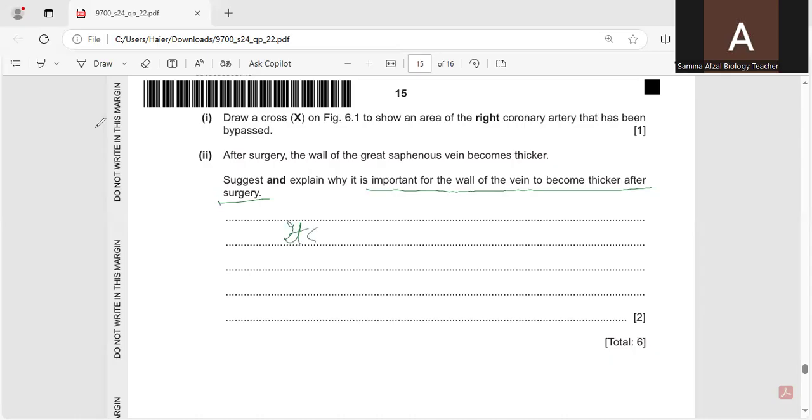The life of this blood vessel is increased because it is thicker. It can bear high blood pressure.